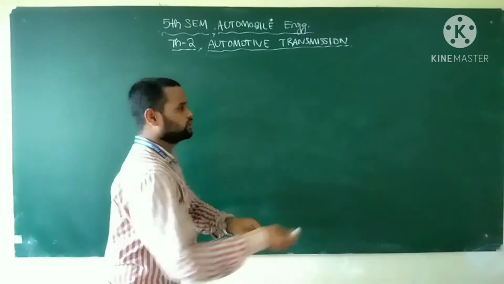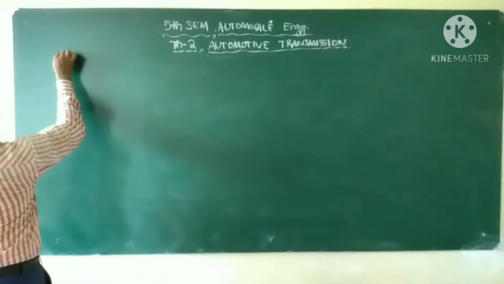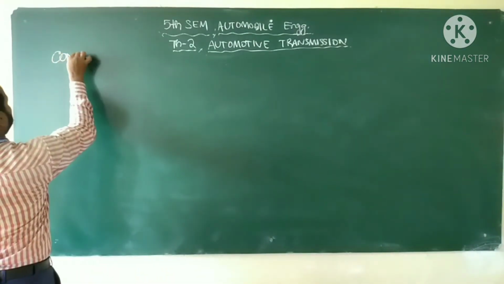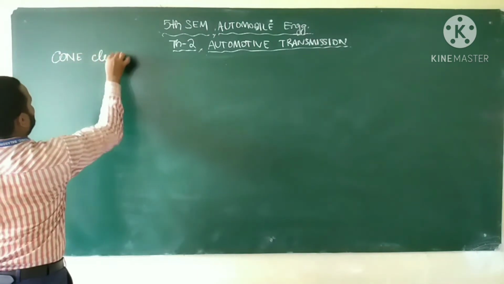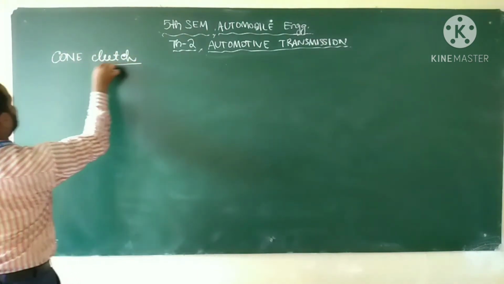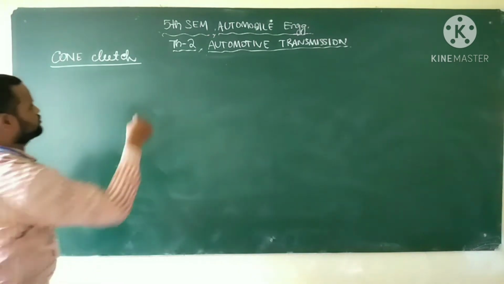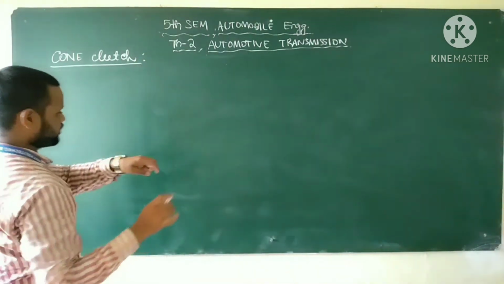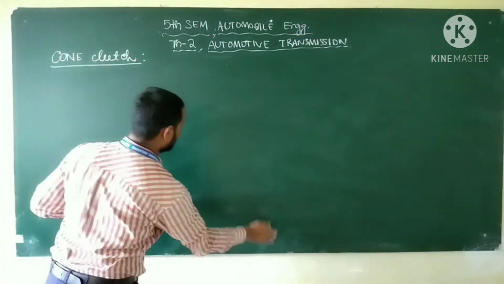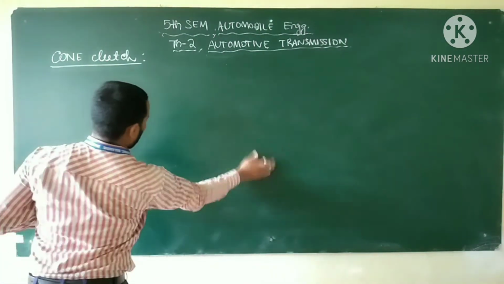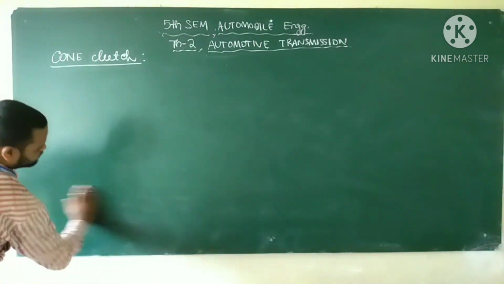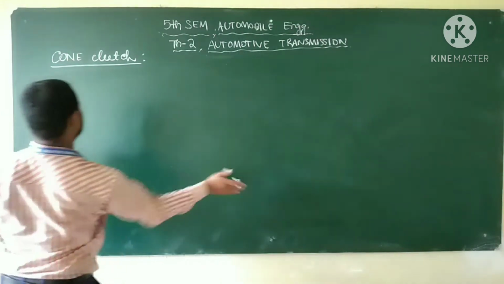So the first one is your cone clutch. For that, now I will draw the diagram of the cone clutch. See here carefully.